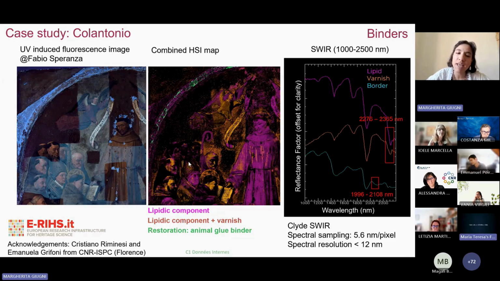We did not find any evidence of amide features implying the presence of a proteinaceous binder, even though historians of art and restorers believe there were areas of the painting, on the draperies of the monks, where they could spot a different behavior of the paint.